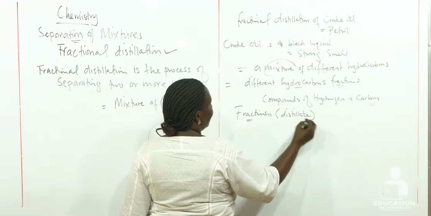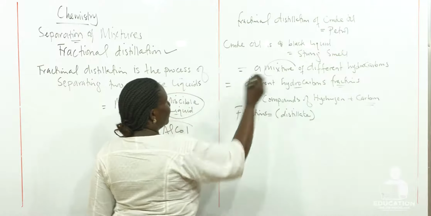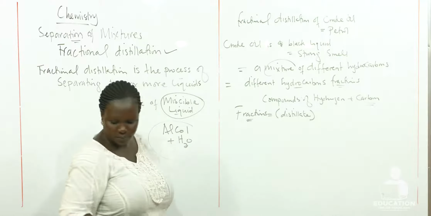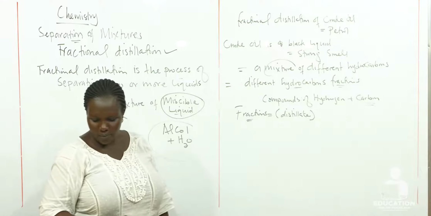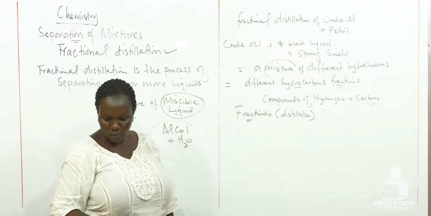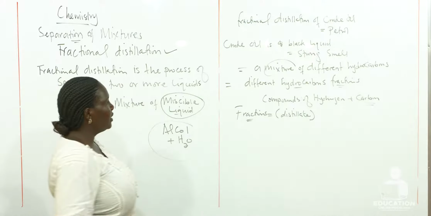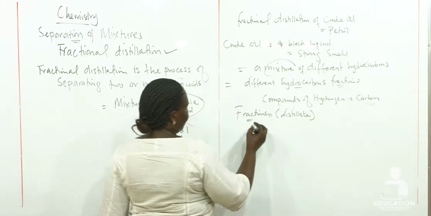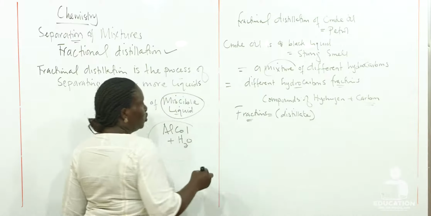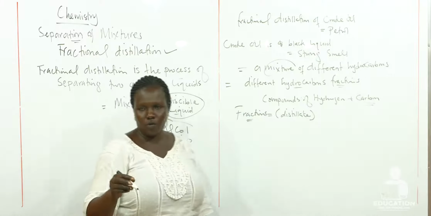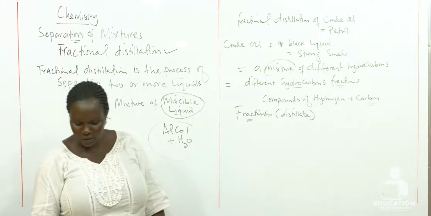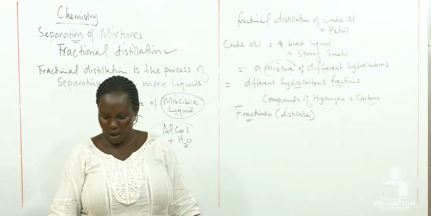So the distillate here will be the different substances that are in the mixture. Crude oil, when it is not separated, is not useful. Usually crude oil is useful when it is separated into different components.